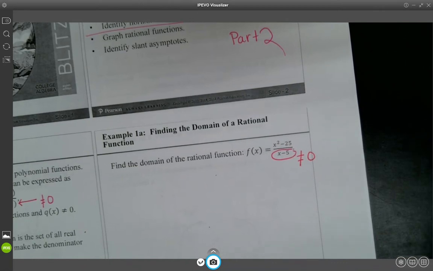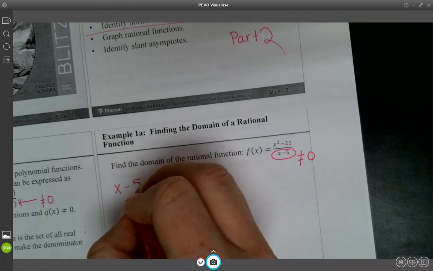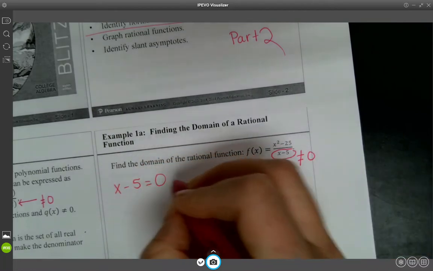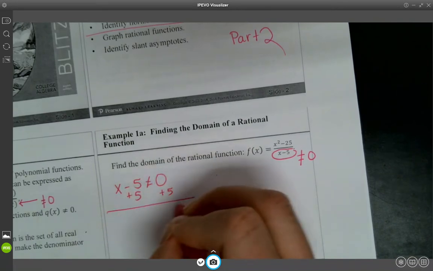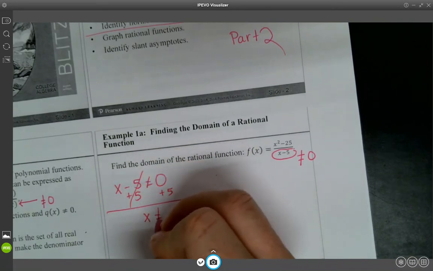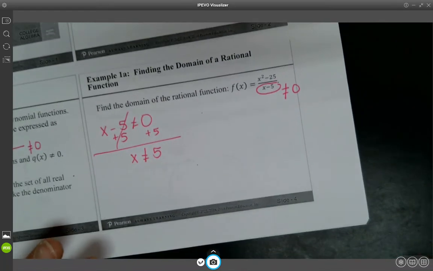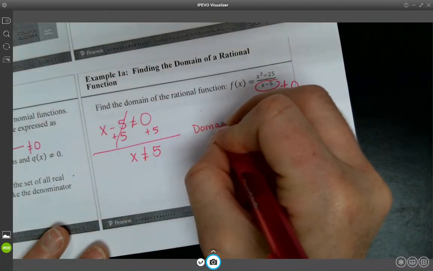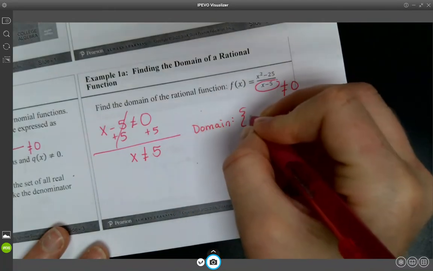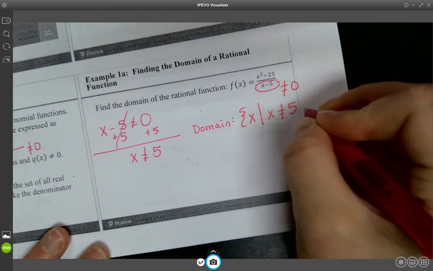So what we'll do is set it equal to 0 to find out what x cannot be. So that tells me x cannot be 5. That's how we can restrict our domain. One way of writing our domain would be to say x such that x does not equal 5.